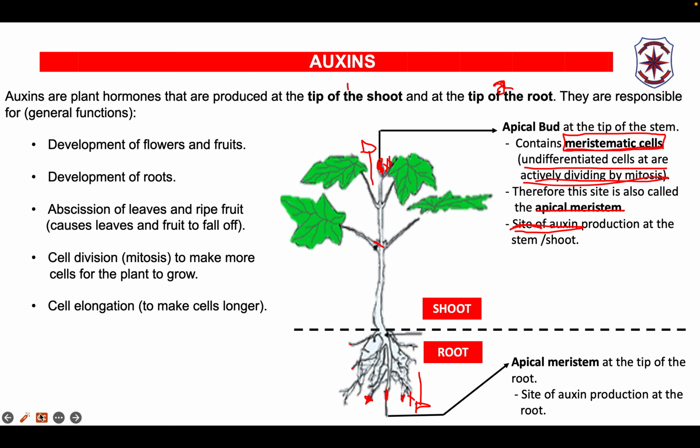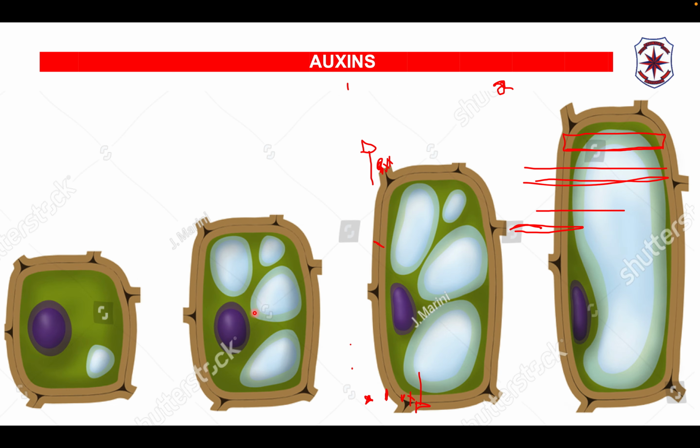The term elongate refers to making the cell longer, not necessarily bigger. So as we can see, we have the original cell there, and then under the influence of auxins, it will grow longer and longer. So when you speak about cell elongation, we are talking about the cell becoming longer.